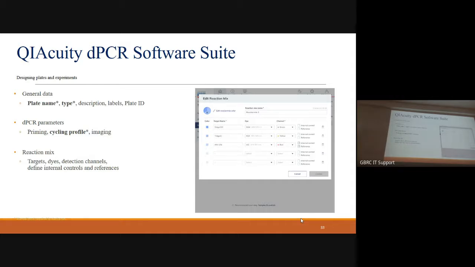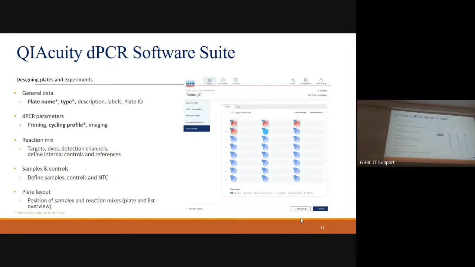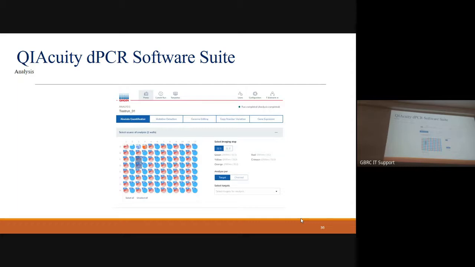So I will make the reaction mix, give that channel or that dye particular to that reaction mix, and then assign the samples. Then you set up the normal cycling profile, what you do in RT-PCR. You need to set up the samples and controls, and then you start your run.